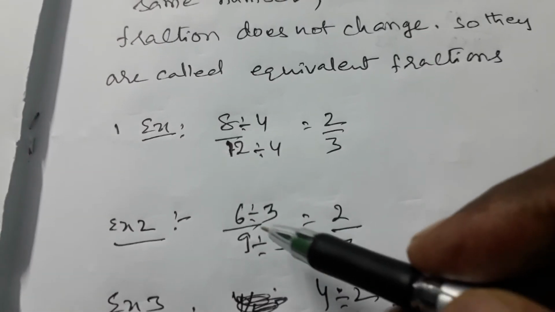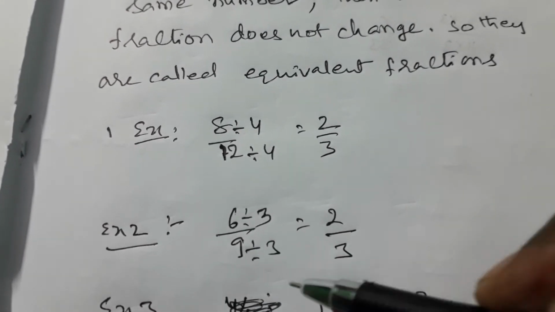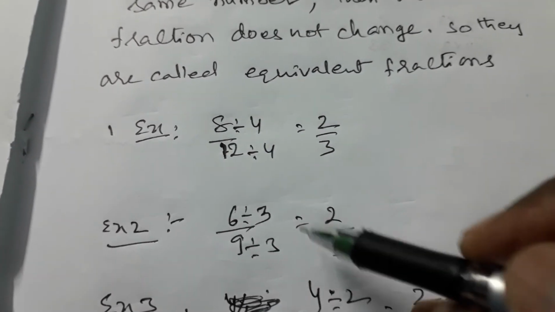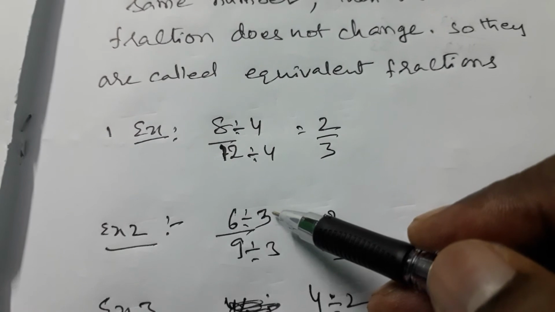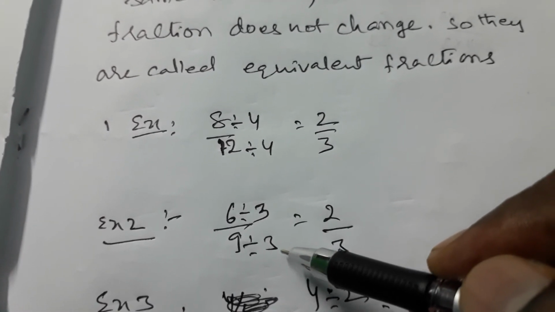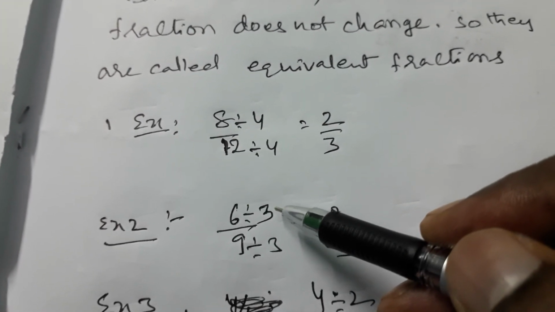Another example, 6 by 9. If I give 6 by 9 to you and ask you to write the lowest form, how to write it? Divide both numerator and denominator with the same number. The numerator is divided with 3 and the denominator is also divided with 3. Whatever table you can take, not only 3.